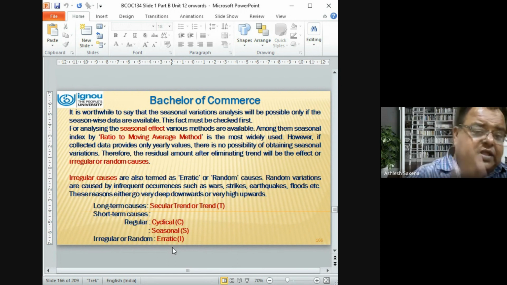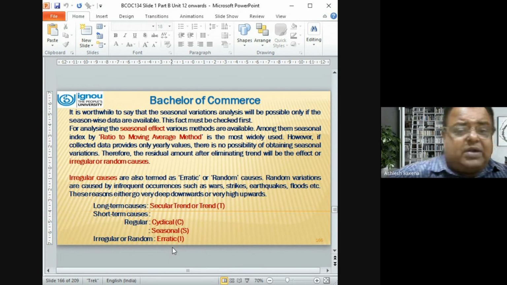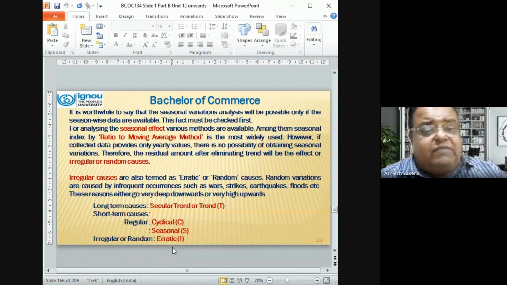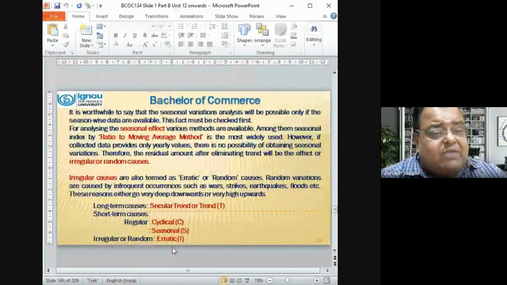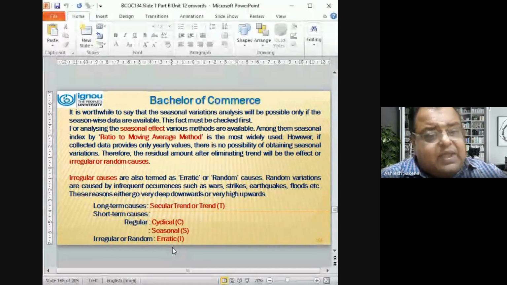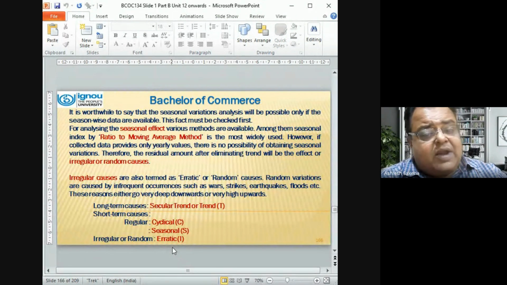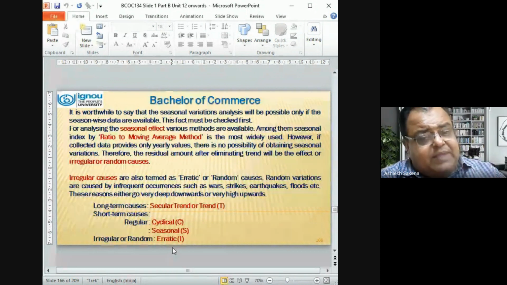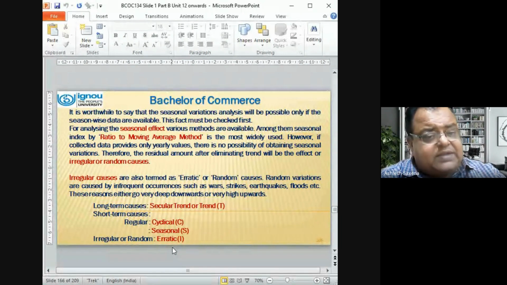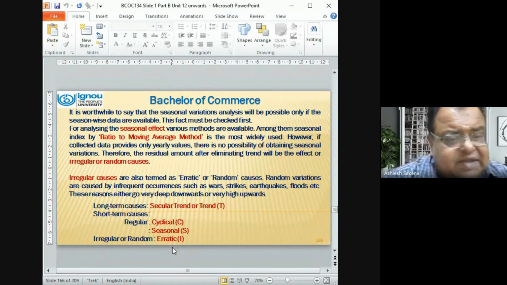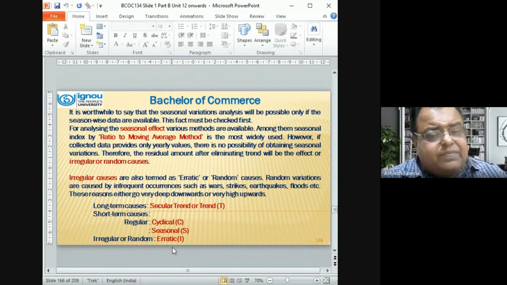Therefore, the residual amount after eliminating trend will be the effect of irregular or random causes. Irregular causes are also termed as erratic or random causes. Random variations are caused by frequent occurrences such as wars, strikes, earthquakes, floods, etc. These reasons either go very deep downwards or very high upwards.